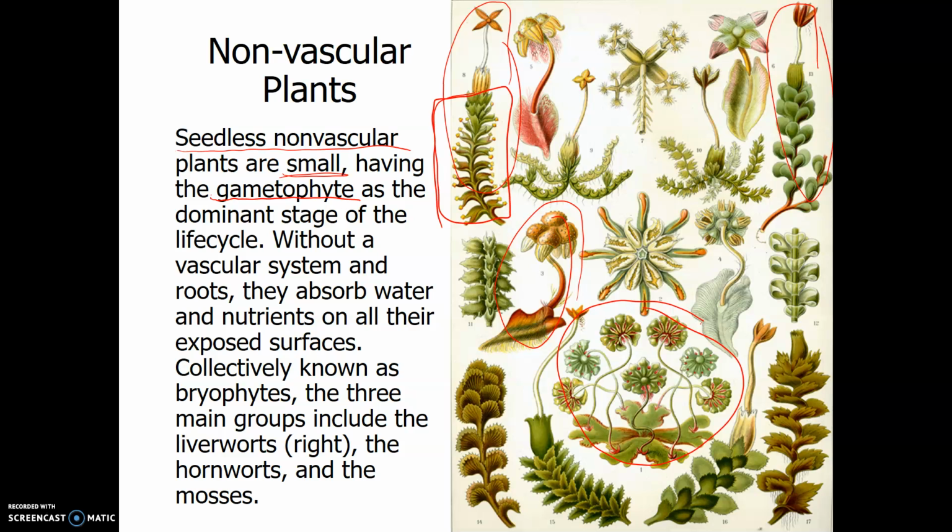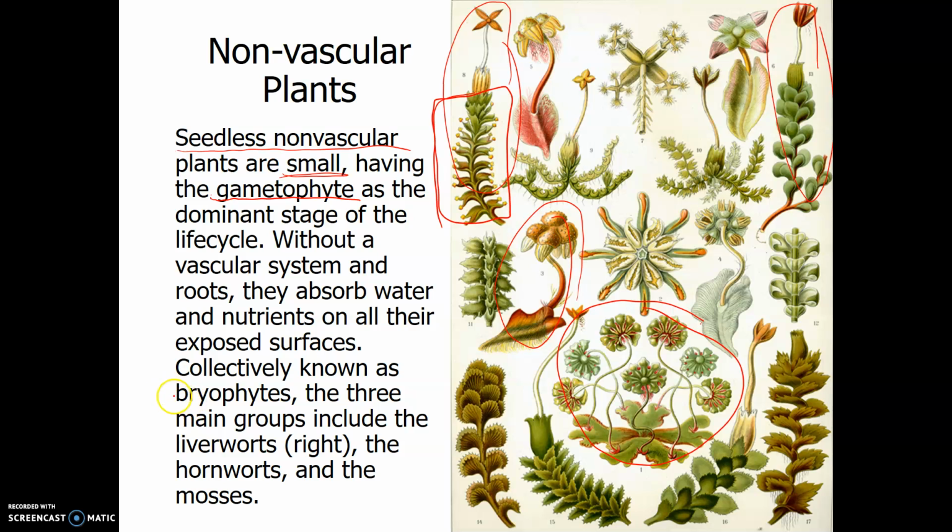The green part is the gametophyte, and the sporophyte portion grows as a stalk up out of the gametophyte in order to produce spores. So all of these plants have to be very short.